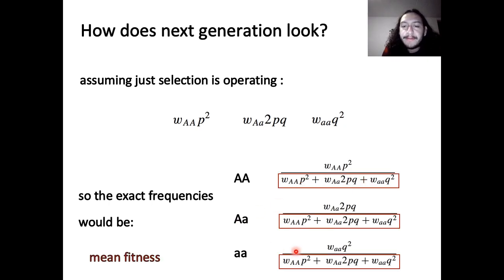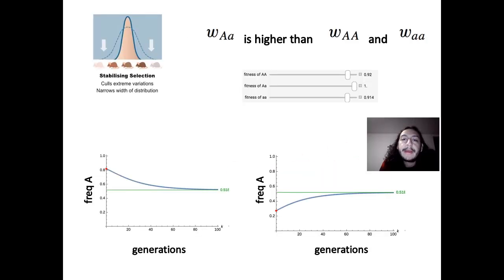So this mean fitness is going to be the way that we scale how all the genotypes are going to be selected for in the population, and this comes from multiplying their fitness by their frequencies.